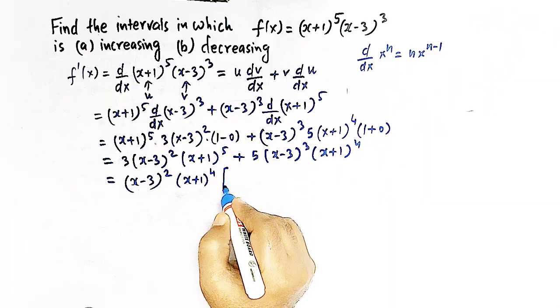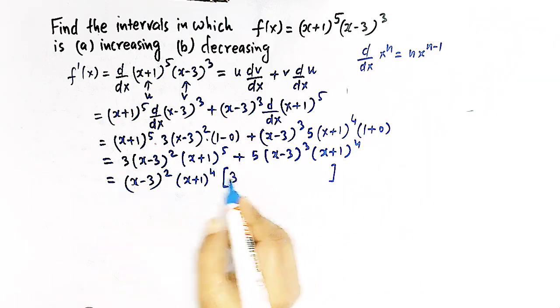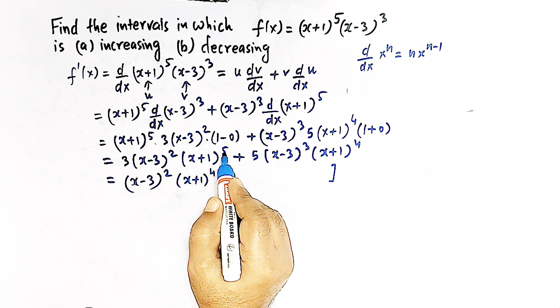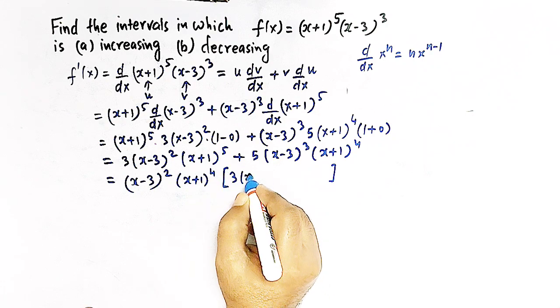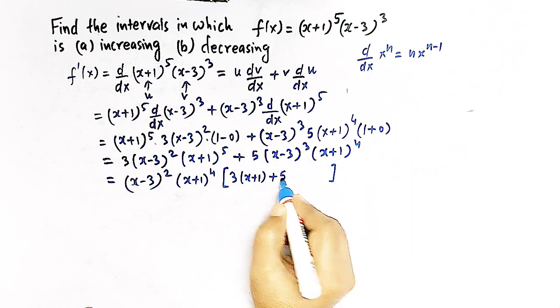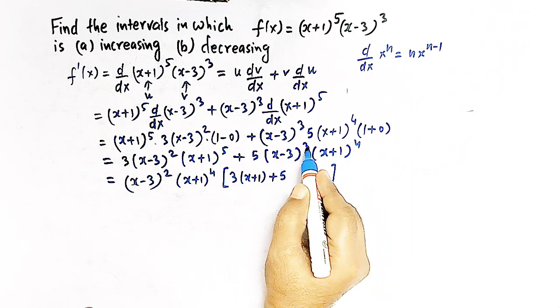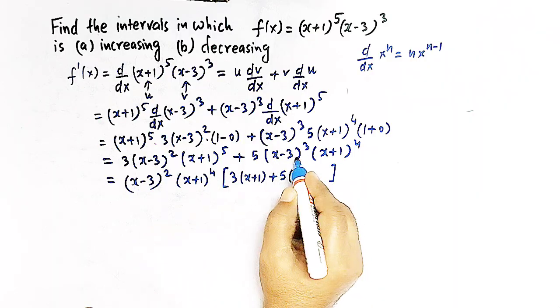Inside the brackets we have 3 times (x + 1), and 5 times (x - 3), since one factor is left.